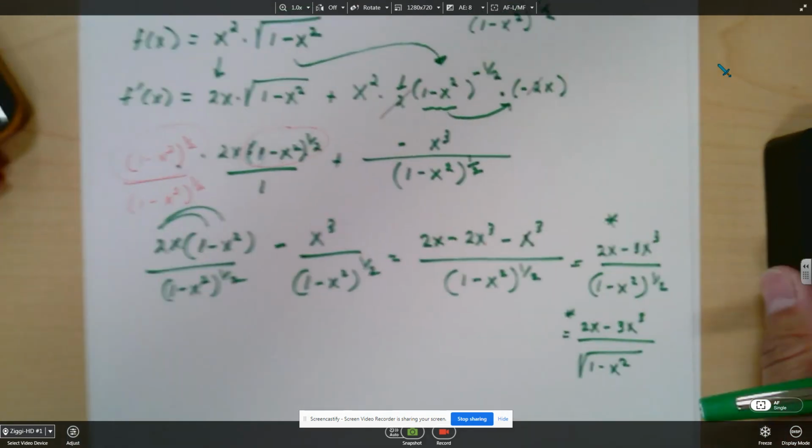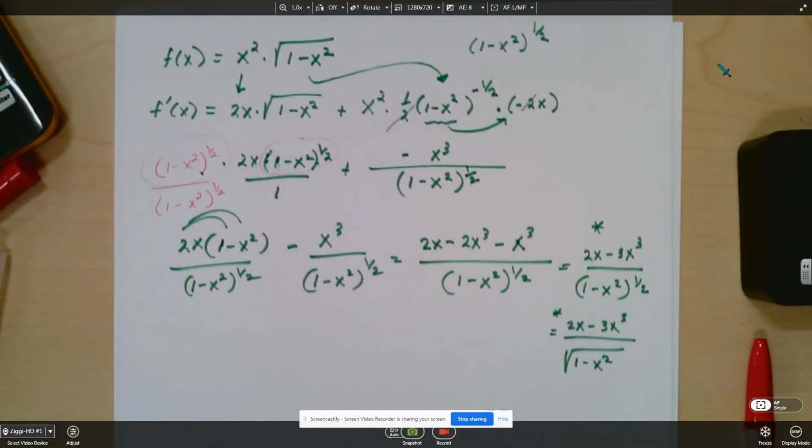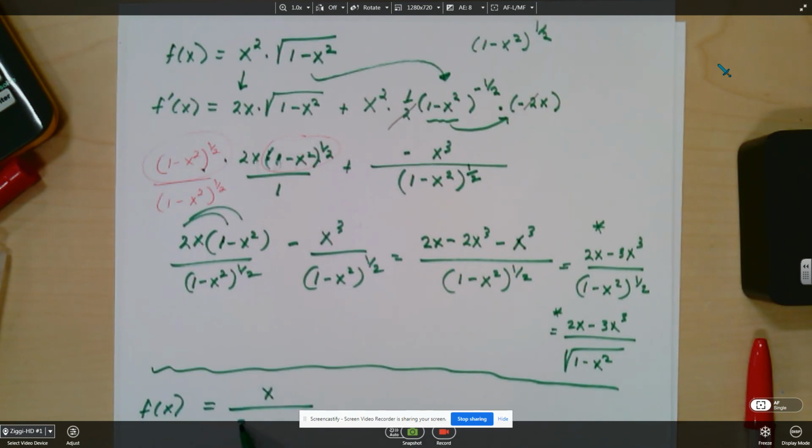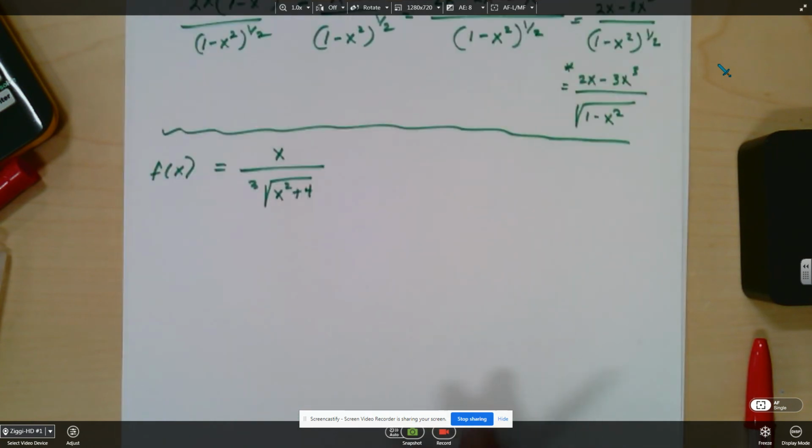Okay, so the math gets fairly confusing with square roots. Let's do this with a quotient rule, and also practice with a square root for the quotient rule.